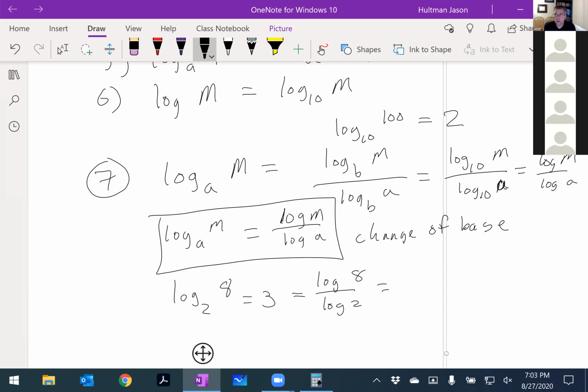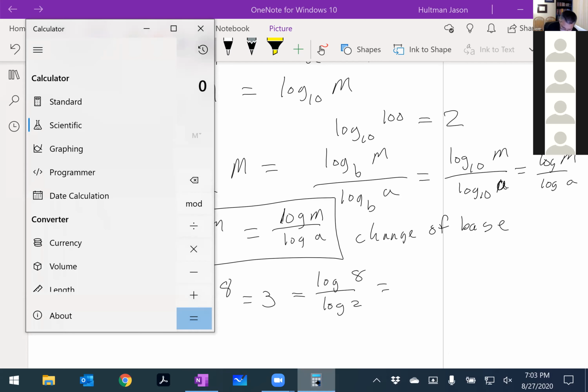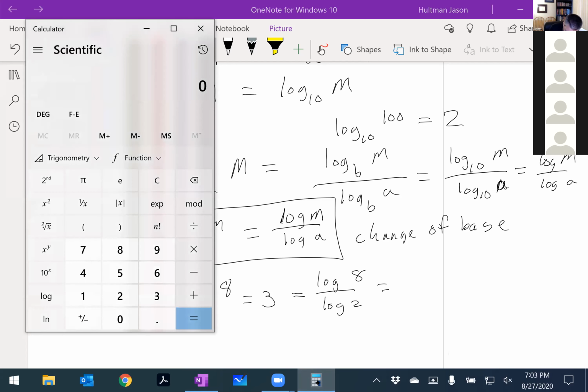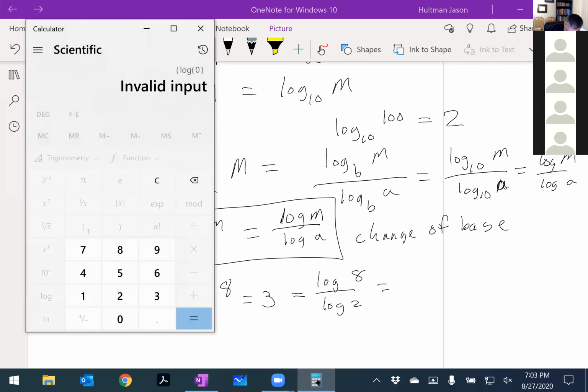Log of 8 divided by log of 2 comes out with 3 on this calculator. You can see that. Okay, so why is it not working on this one? This is a weird calculator. Let's put parentheses, maybe that's the problem. I want log of 8.